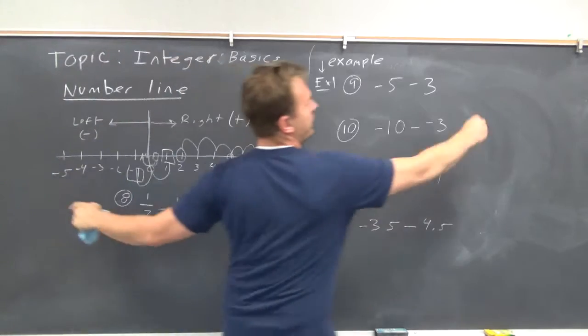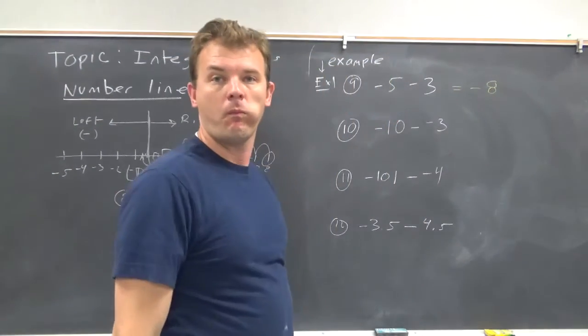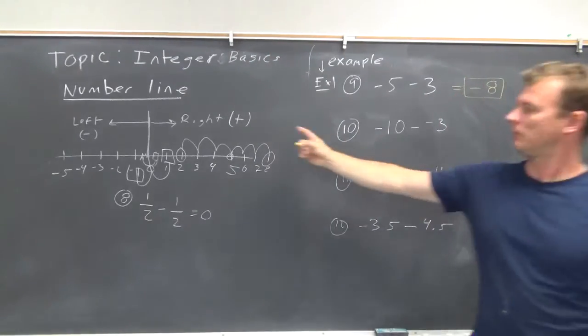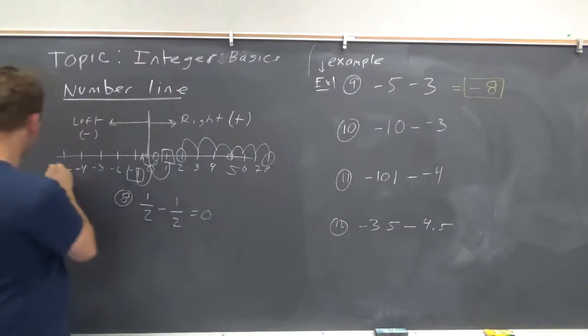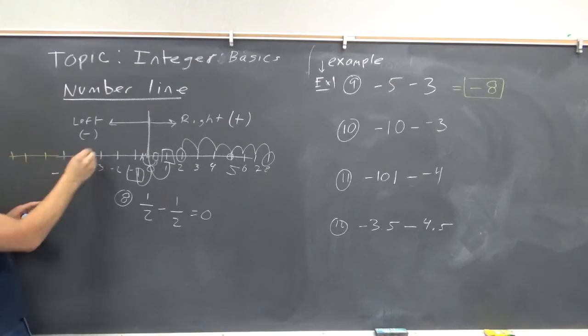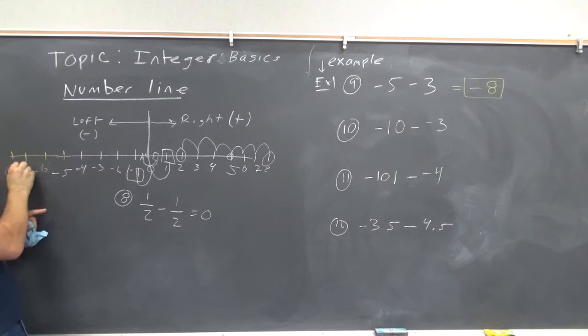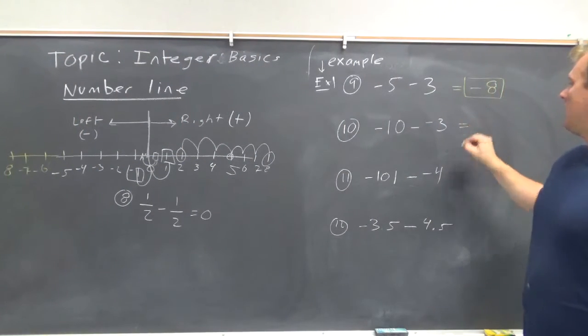So that should be negative 8, right? We got negative 8. Then 3.5 minus 4.5. You're going back 4.5, so you're going left. Negative 8. Okay.